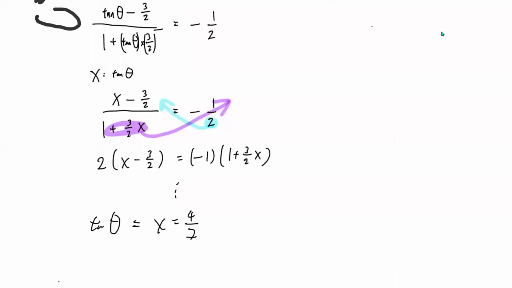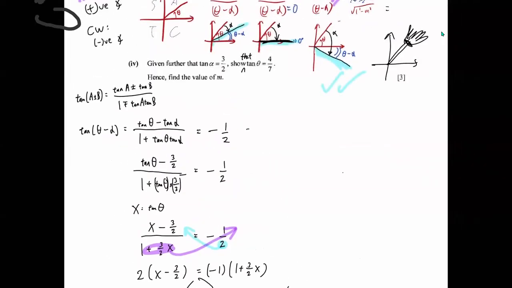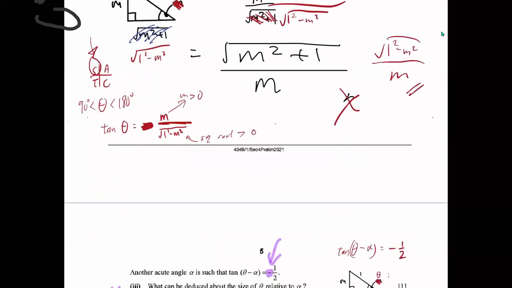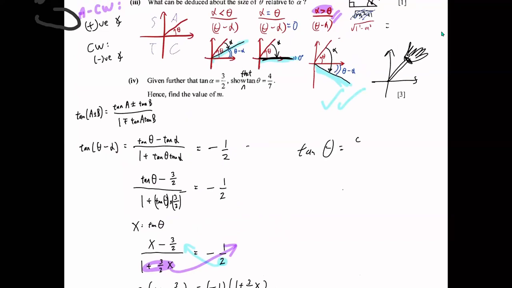This one can solve, just algebra. Hence find value of m. Now that we have shown tangent theta equals 4/7, how do we link it to m? That's when you have to use your previous part.